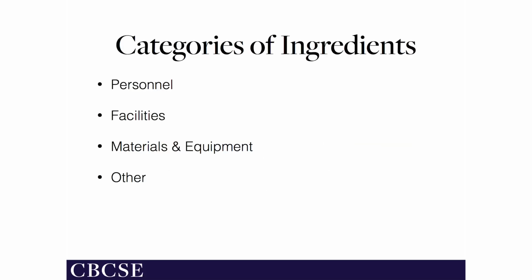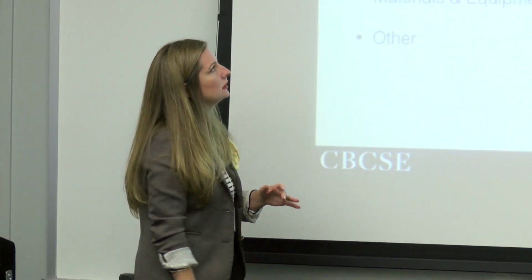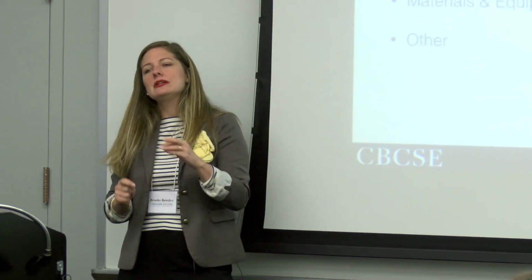So generally, we classify our ingredients into categories. We generally use personnel, facilities, equipment, materials, other. Oftentimes we'll also include training as its own thing. This helps us mainly not to double count.